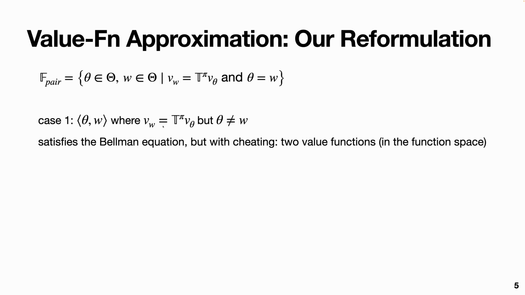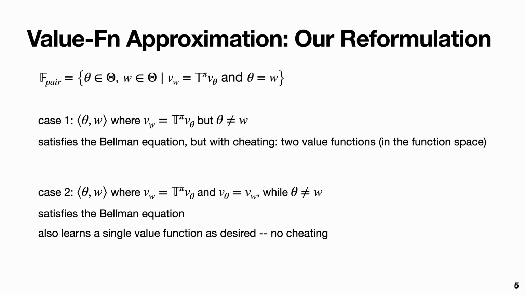In some sense, this is almost what we want, in that we do satisfy the Bellman equation, but we are kind of cheating. The reason is that since the two weight vectors are different, the resultant value functions could also be different. So the two value functions, v theta and v w, on either side of the equation can be different, and that's not the definition of a fixed point. It feels like we're cheating here. This is not an acceptable point.